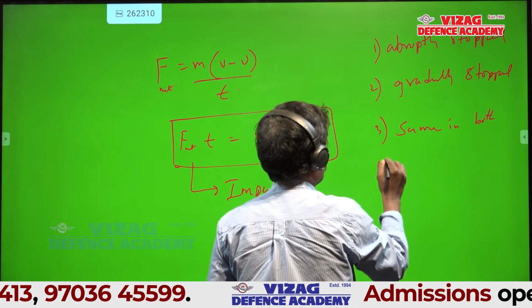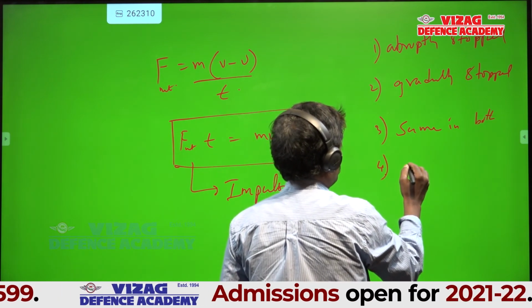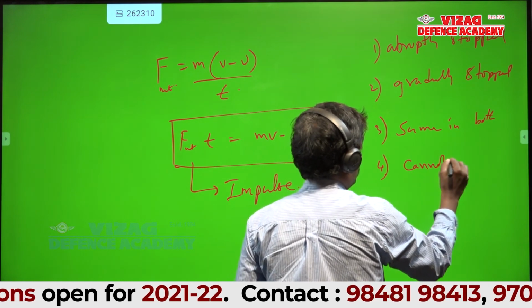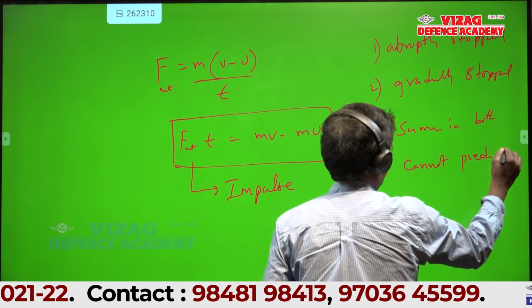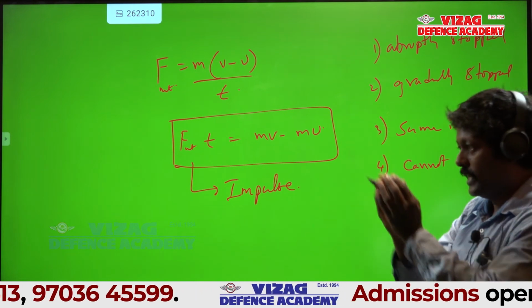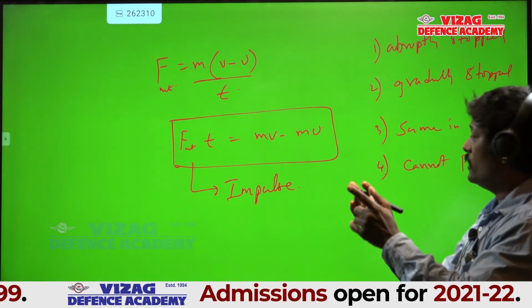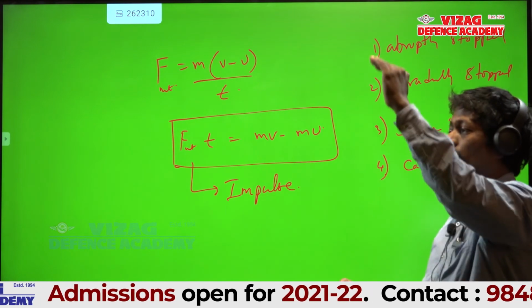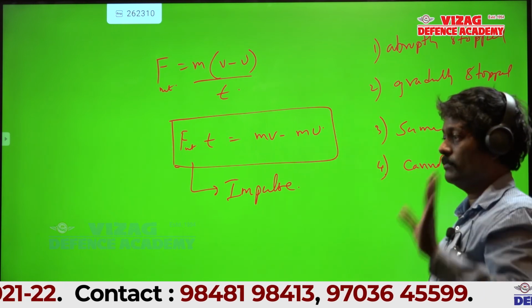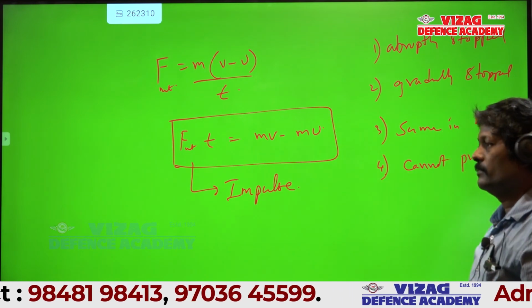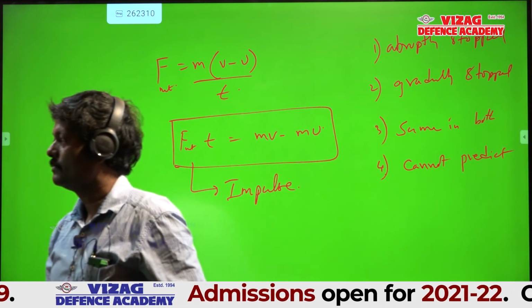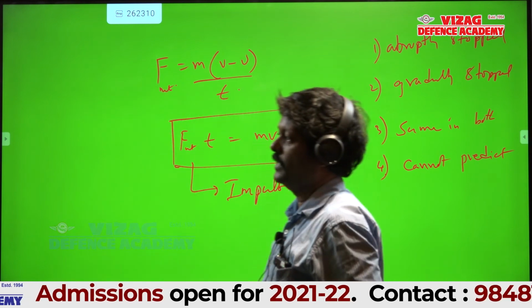Fourth case, cannot predict. If he stops abruptly or gradually, or is the impulse the same in both, which option is correct? You have to explain, then only you will get the gift. Sir, gradually. Saket. Anyone else want to say?